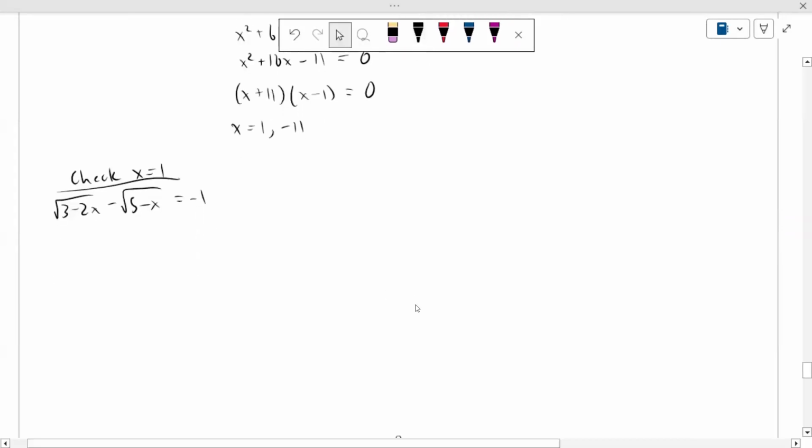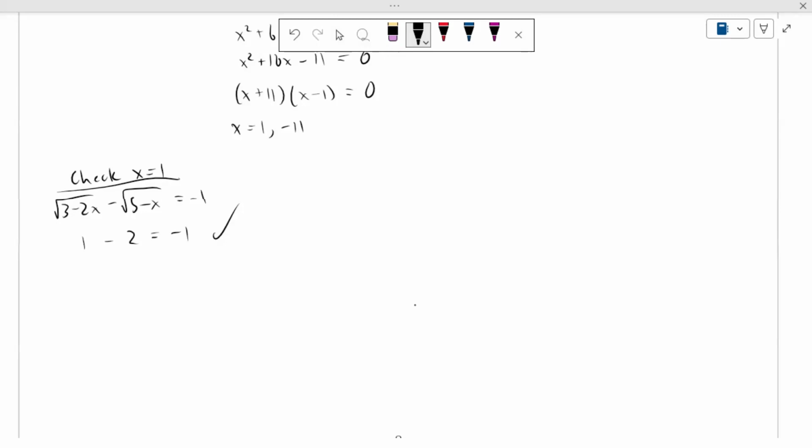We're plugging x equals 1 into this. I get 3 minus 2 is just 1, so the square root of 1 is just 1. Minus, here we have 5 minus 1 is 4. The square root of 4 is 2, so we get -2 equals -1. That checks out, right? So x equals 1 definitely works.